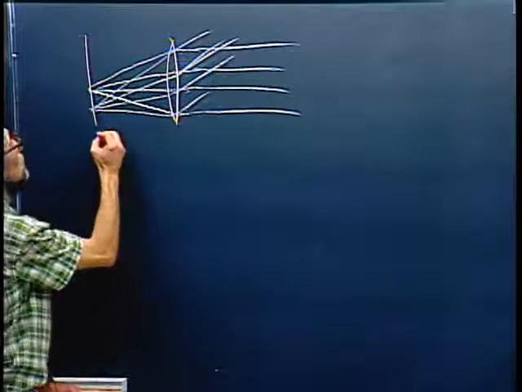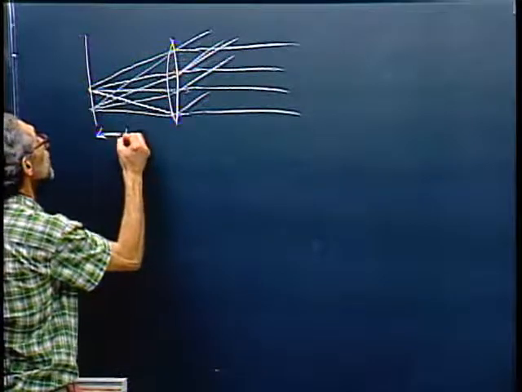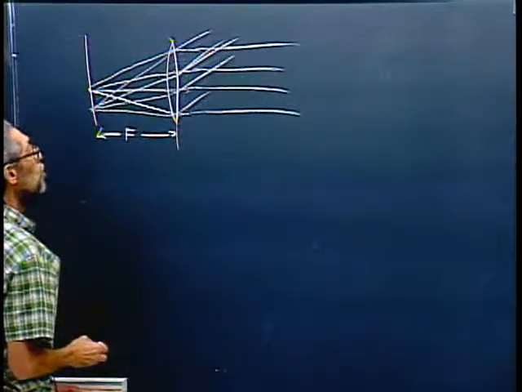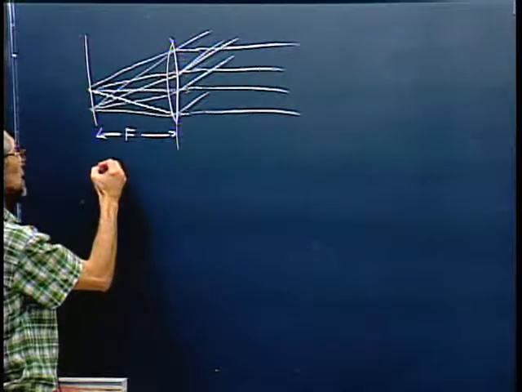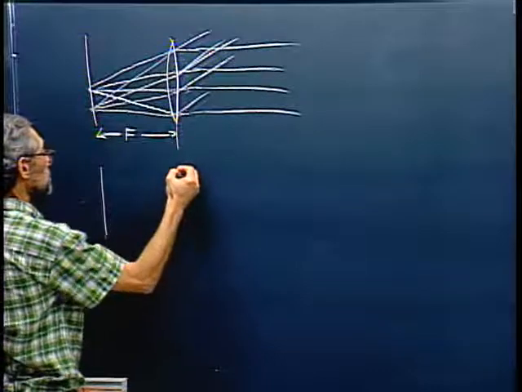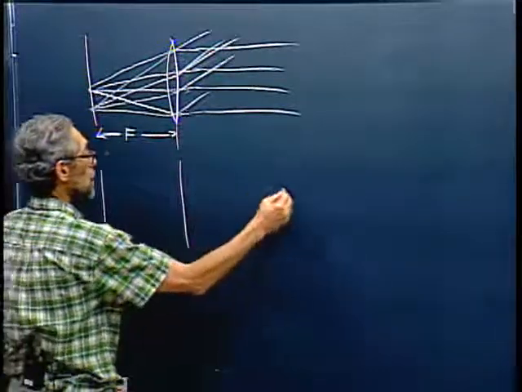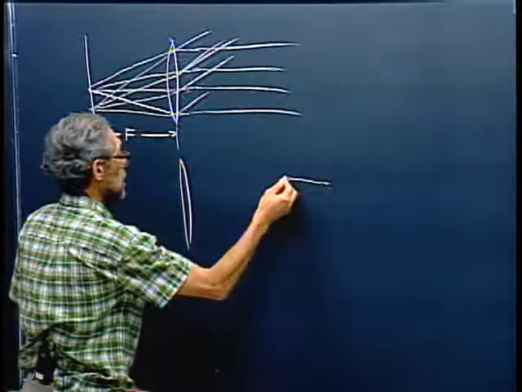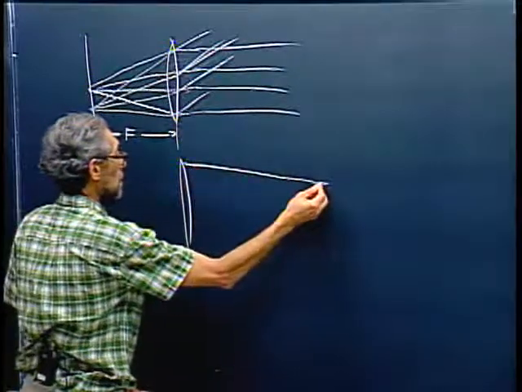Okay, so this length here is called the focal length of the lens. And suppose now we have an object that isn't at infinity. So now we have some object here. Let me draw this same lens here. And rays are coming in, but they're not parallel.